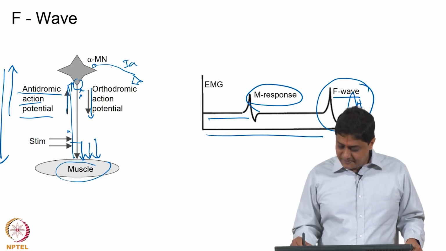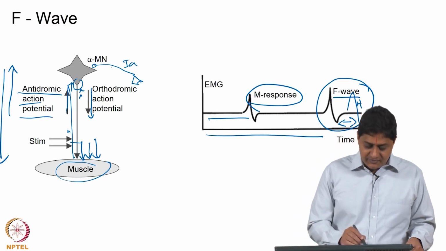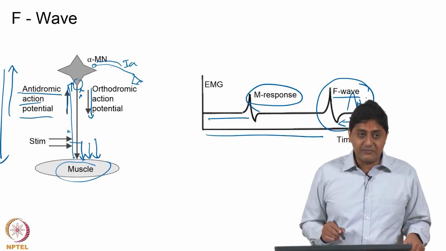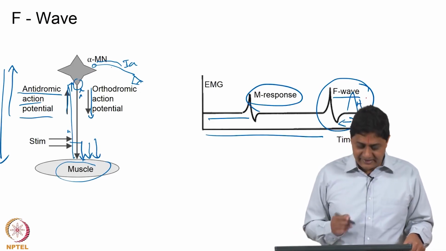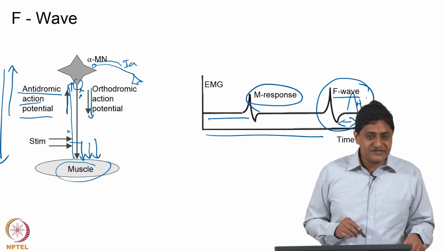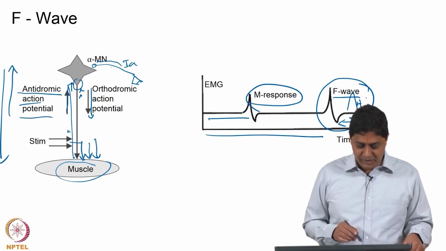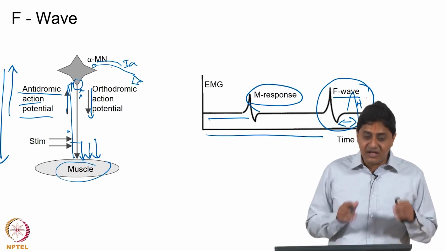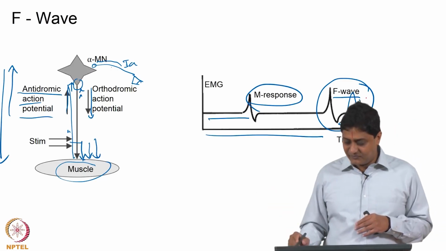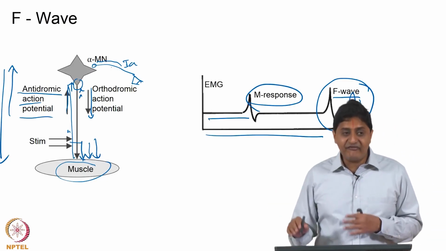Why this difference? You see, the pathway involved in the H reflex is a longer pathway with a synaptic delay, but the pathway involved with the F response is the same alpha motor neuronal axon. There is no synapse that is involved. Because of this reason, if at all there is going to be an H reflex, that is going to arrive later in time, after the F wave.